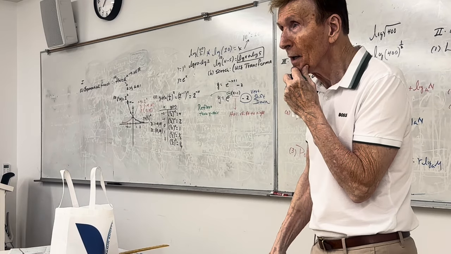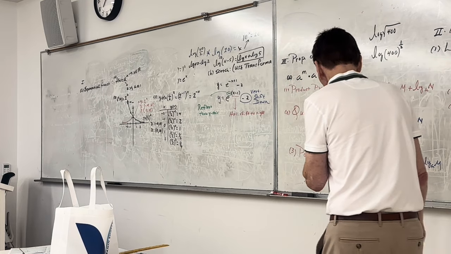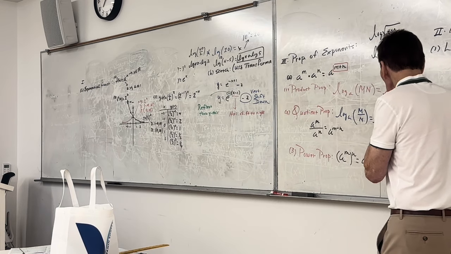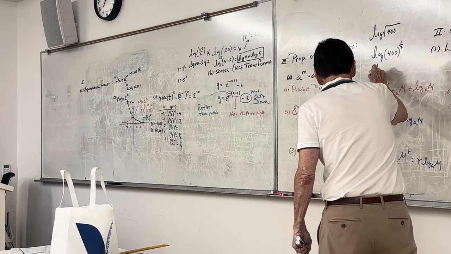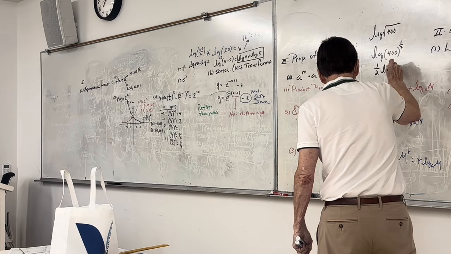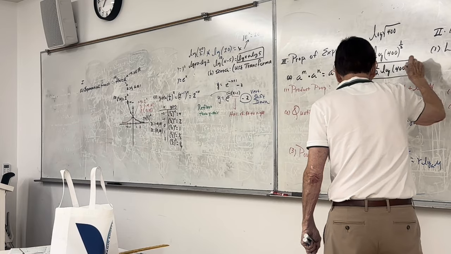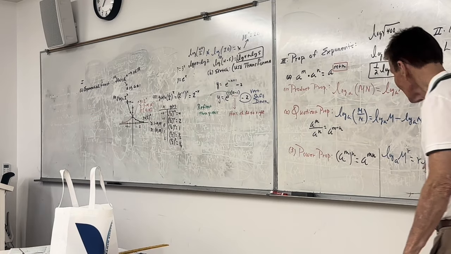Now, is that a power? Yes. And inside of that form, now I'm going to apply the power property. It says bring the 1/2 out front, so 1/2 log 400. Just stop there. At least I could express it like that by using this property.